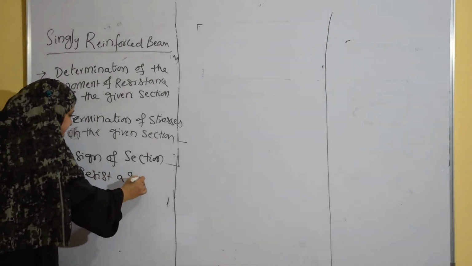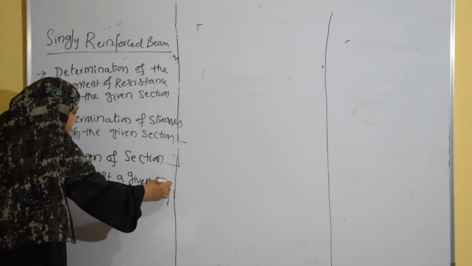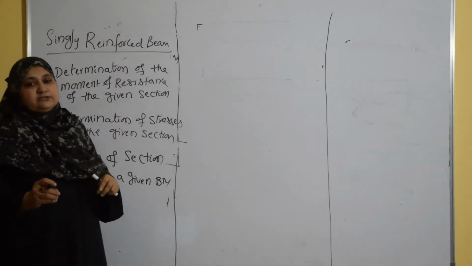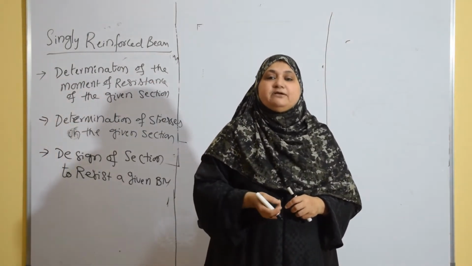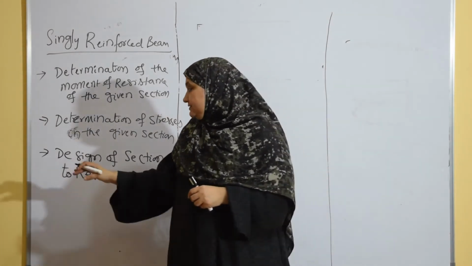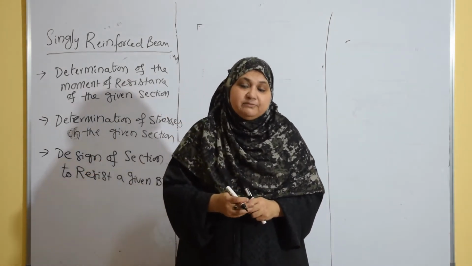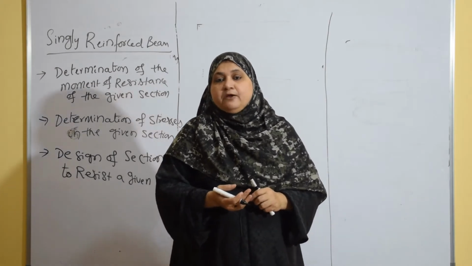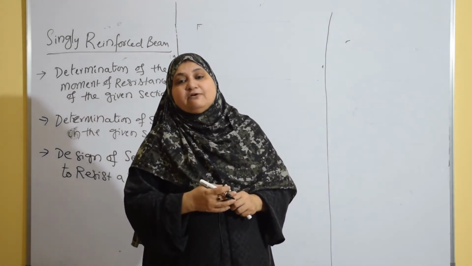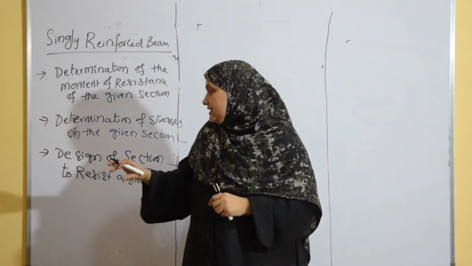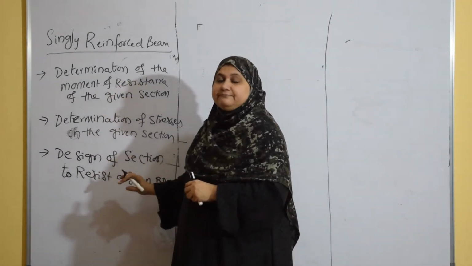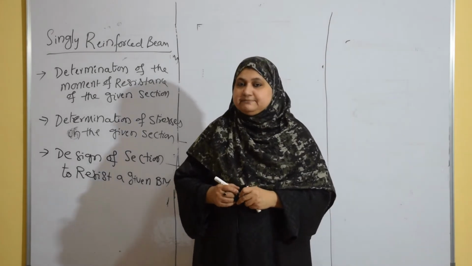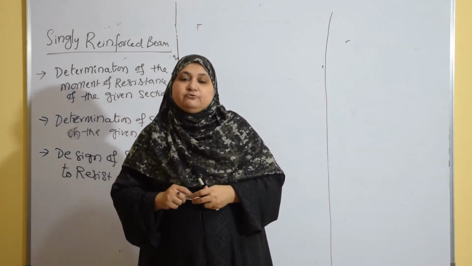So in this case, whatever the load is coming on the structure or whatever bending moment is coming on the structure, that will be given to you, and you have to fix up the design. That is, what should be the width of the beam, what should be the depth of the beam. Fine. And how much area of steel you are going to provide, that comes under this type of problem. So basically we are supposed to solve these three types of problems using the working stress method. Okay, let us move on to the problem.